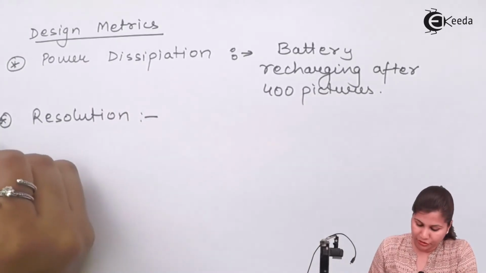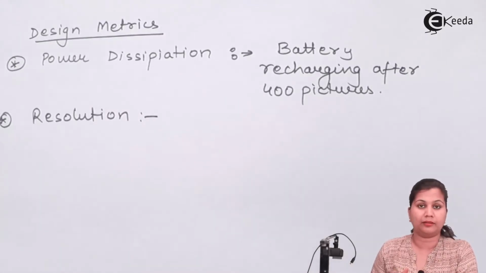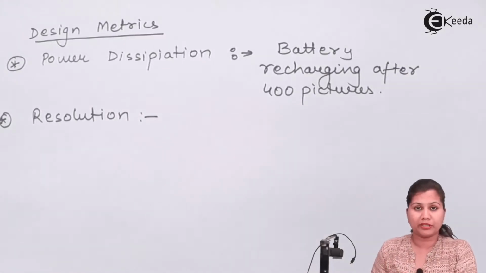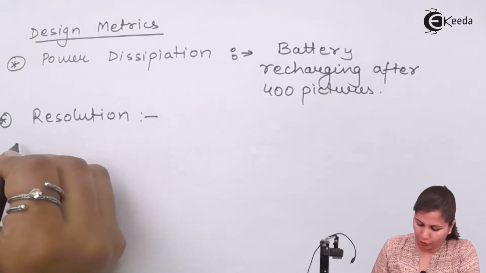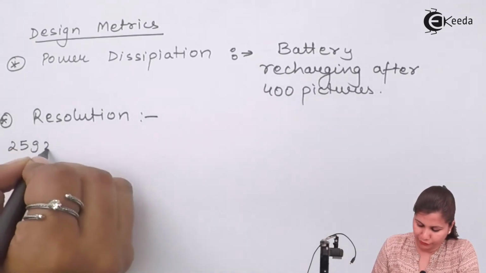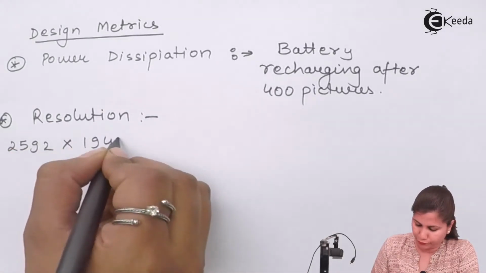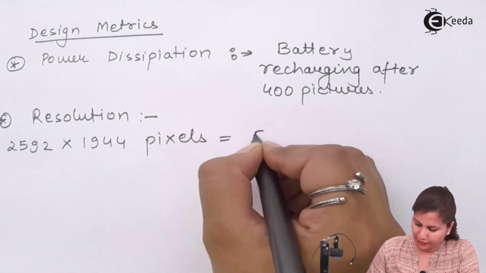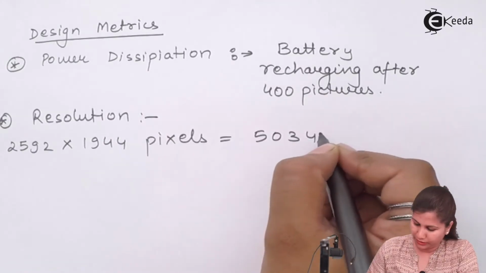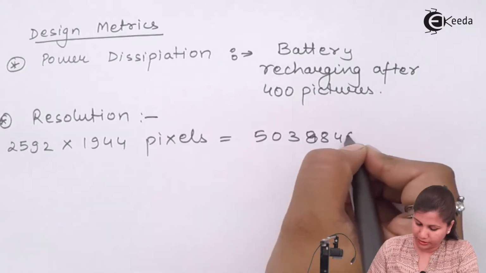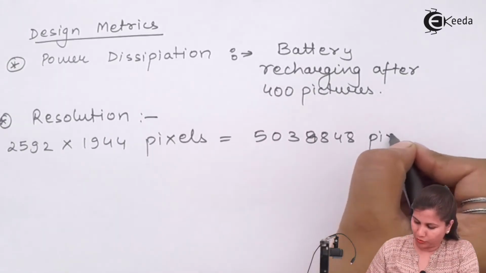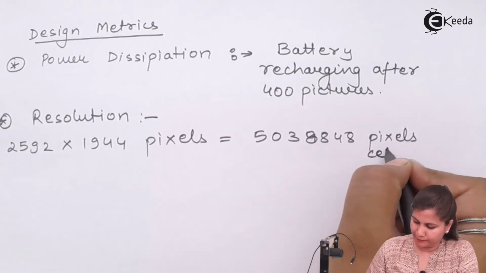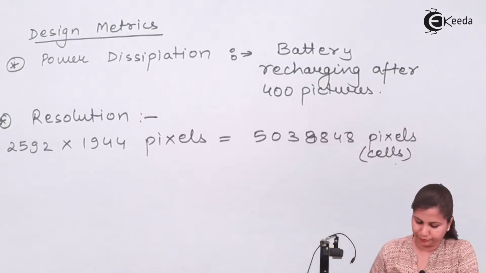High picture resolution means high resolution pictures can be obtained with the options of, as I have said, 2592 into 1944 pixels, which means there are 50348 pixels or cells present in the CCD array.